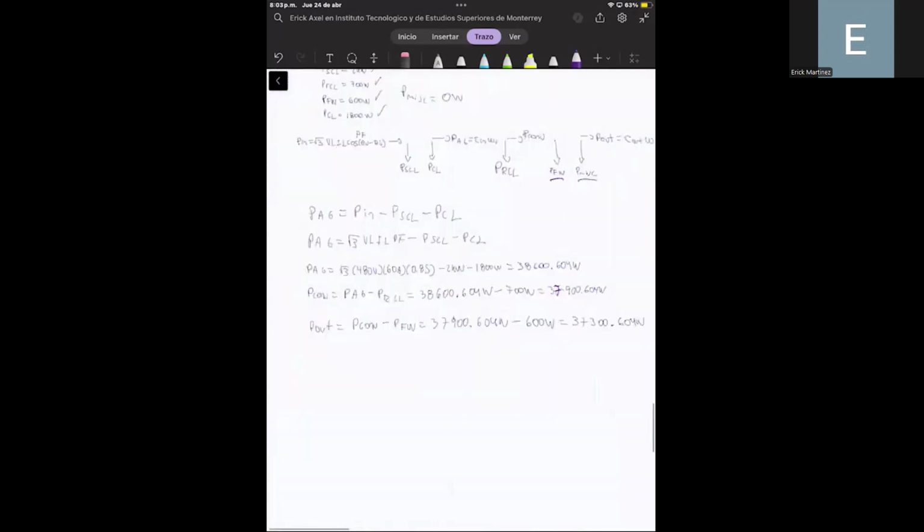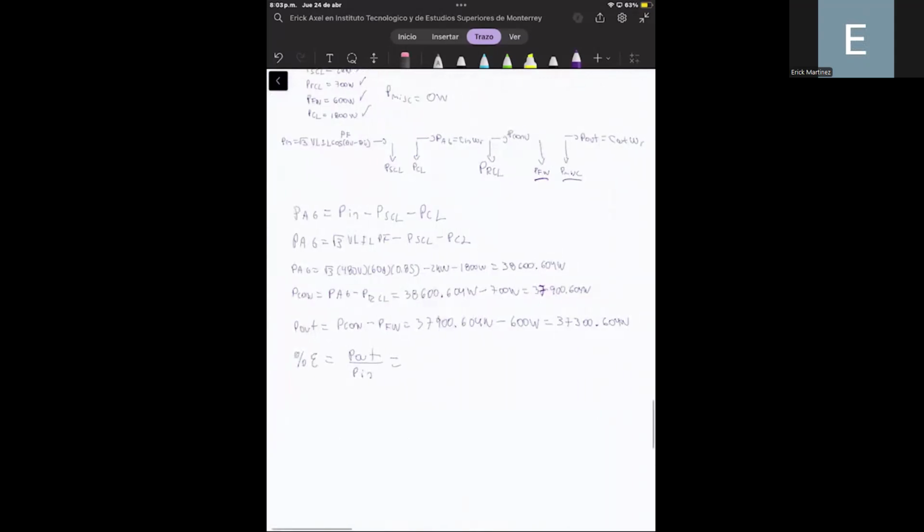And we can compute the efficiency in percentage. The efficiency is equal to the output power divided by the input power.